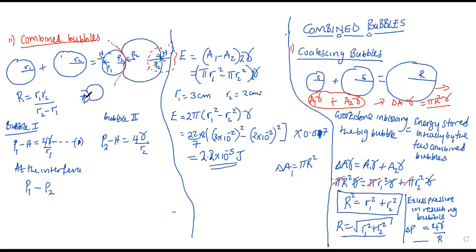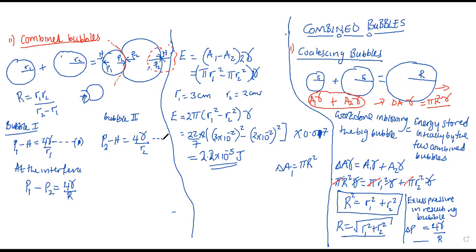It means it is pushing it inside, so it's a greater pressure. Even you can use common sense of pressure, where we have the cross-section area being smaller, we have a very big pressure. So small bubbles have a higher pressure than big bubbles. So the pressure in P1 is greater than the pressure in P2. So the change in pressure at that interface will be equal to 4 gamma over the radius of curvature.